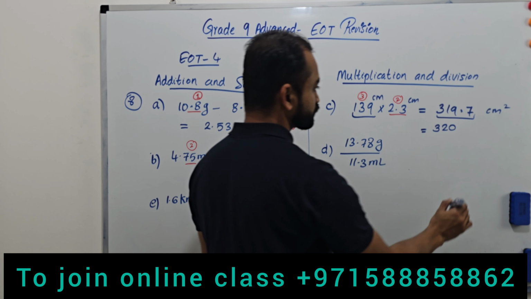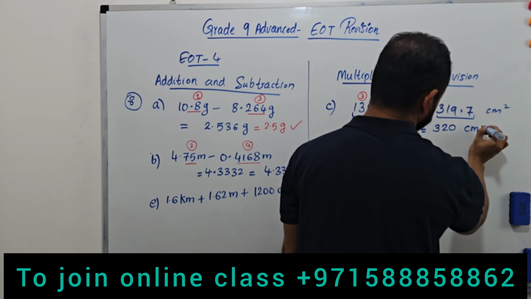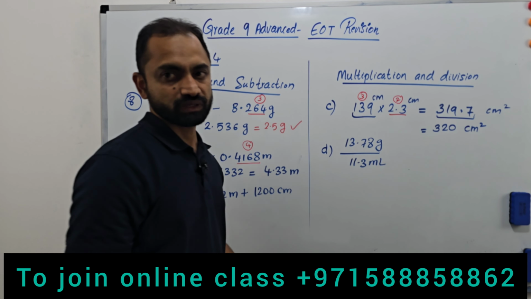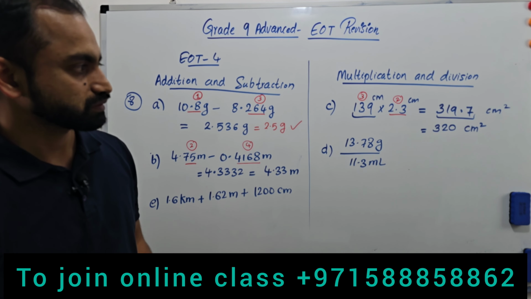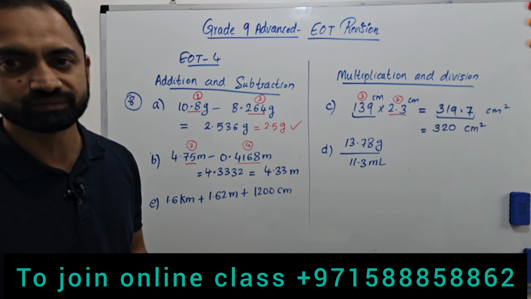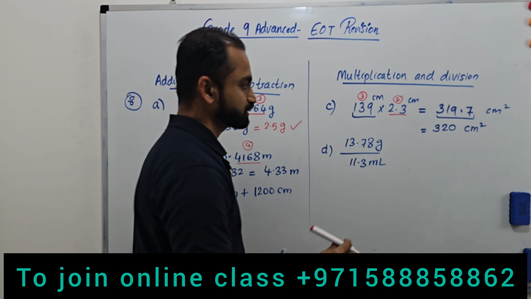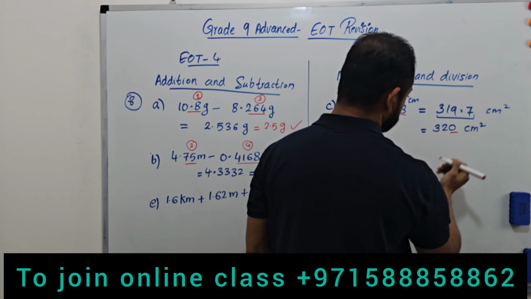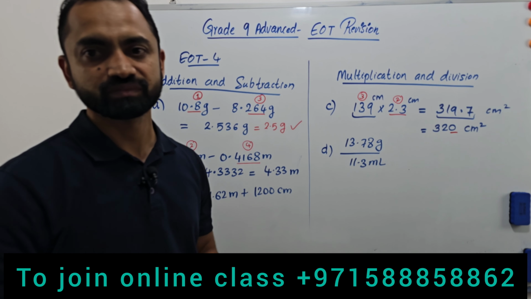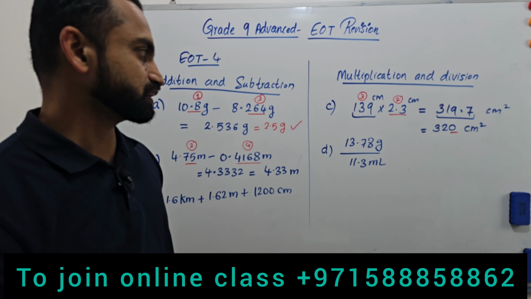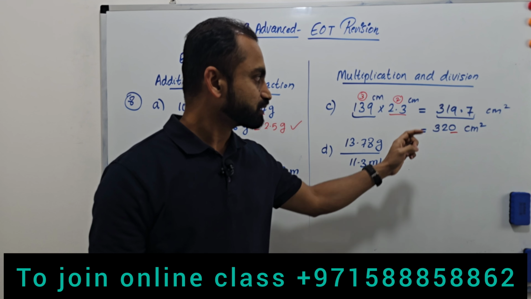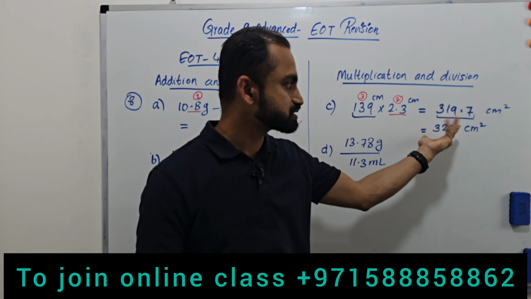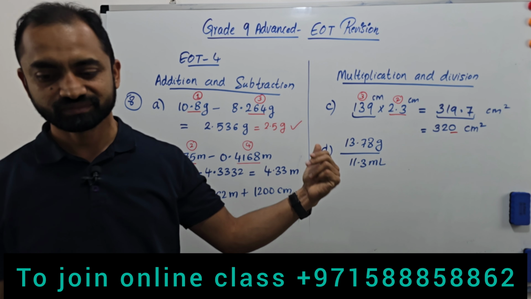How many significant figures in 320? Does the ending 0 count? It is a whole number, so the ending 0 is not counted. So how many significant figures? 2. So we wrote the answer in 2 significant figures. 319, the next number is 320, right? Yes.